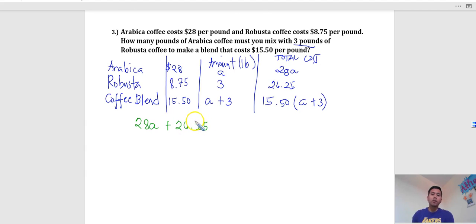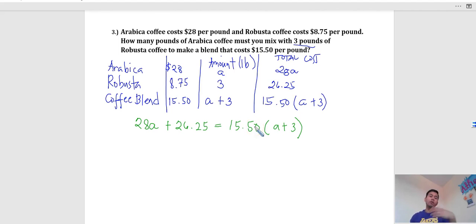26.25 is the total cost of a 3 pound Robusta, is equal now to 15.50 times A plus 3. Meaning this one is the total cost when you mix Arabica and Robusta together.